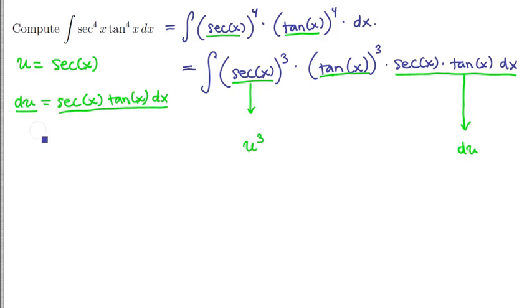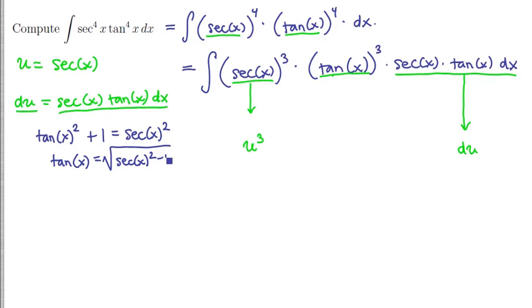Well, remember that the tangent of x quantity squared plus 1 is the secant of x quantity squared. This is the other Pythagorean theorem. This says, in particular, that the tangent of x is the square root of the secant of x squared minus 1.